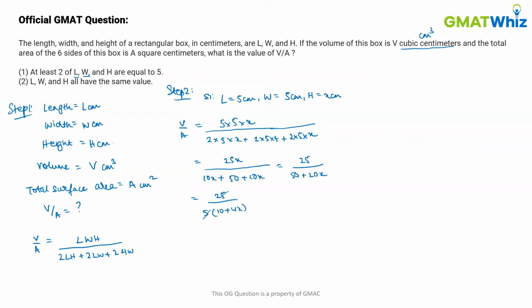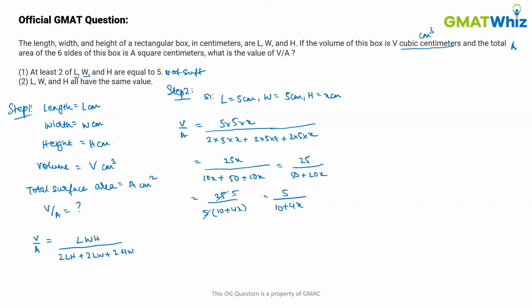Now 5 cancels 25 5 times and we are left with 5X by 10 plus 4X. Now we can get multiple values of V by A if we substitute different values of X. So it is not possible to get a unique value of V by A. Hence statement 1 is not sufficient.